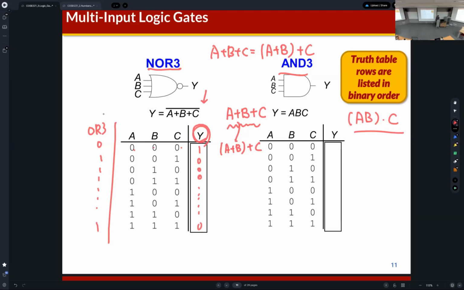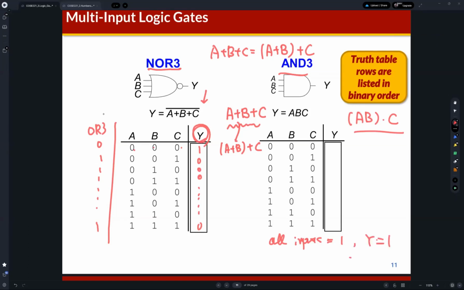What is the definition? The definition is that when all inputs are 1, the output becomes 1. This is the definition of the AND gate. Also, this definition can be applied to a multi-input AND gate.